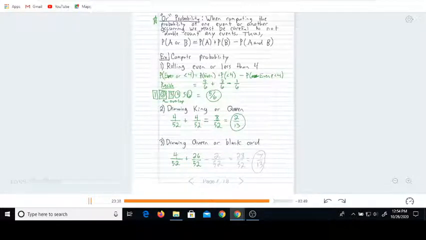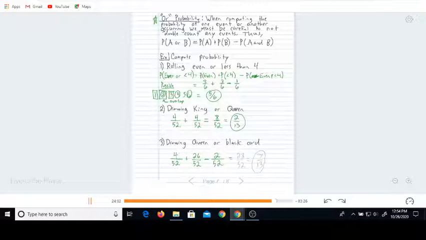Well, if we look at this first probability, we did double count, because in the first probability we counted the queen of spades and the queen of clubs. Those are 2 black queens we counted here. But we also counted those 2 black queens in the black card probability. So we need to subtract those off. There's 2 black queens that we double counted, and we don't want to do that.